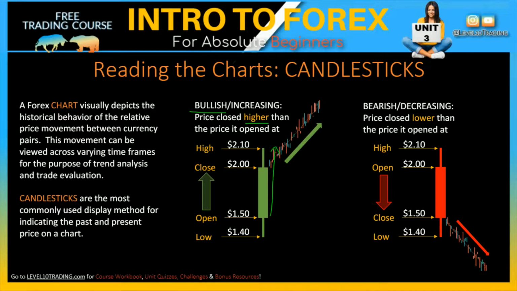And you have two different parts in the anatomy of a candlestick. You have the body, which in the most common candlesticks is this solid part right here. And you have the upper and lower parts that are not encompassed in the solid body. Those are called wicks or shadows.